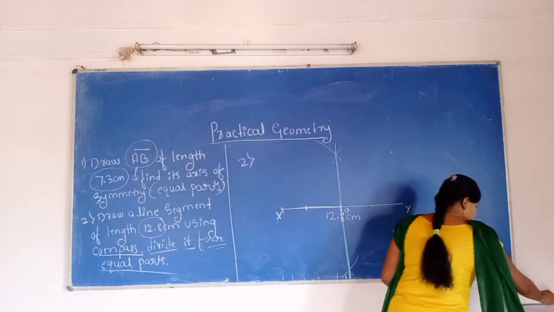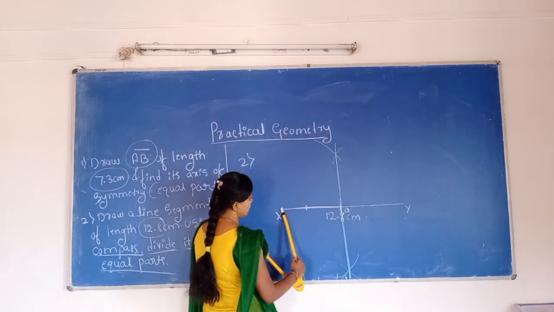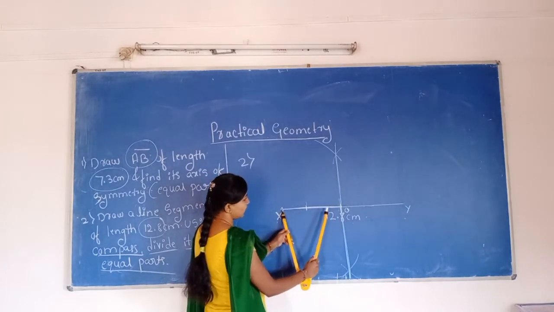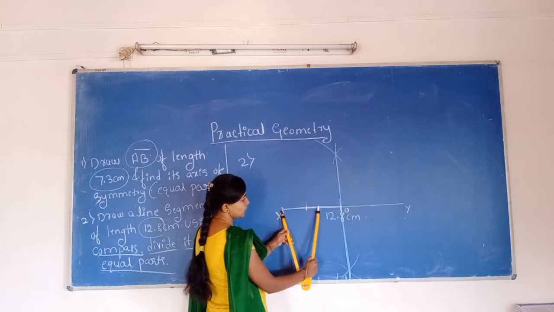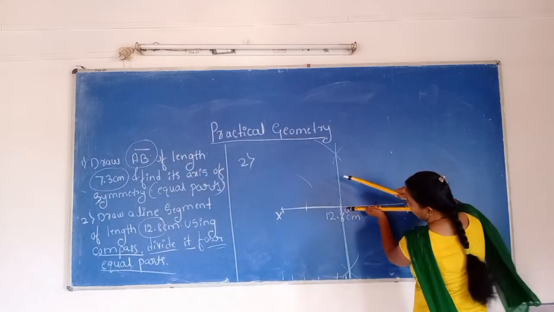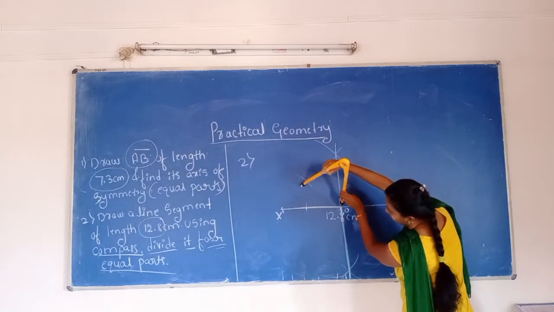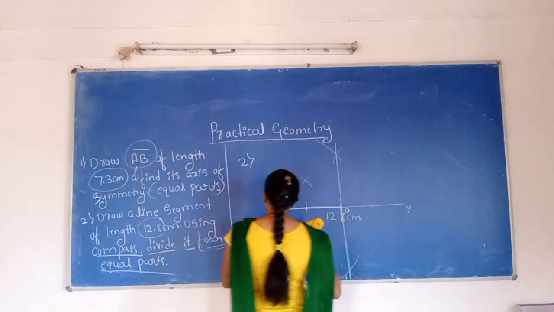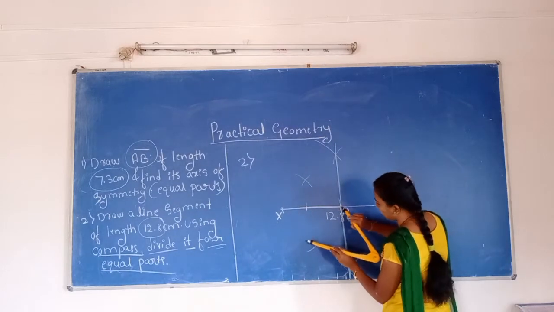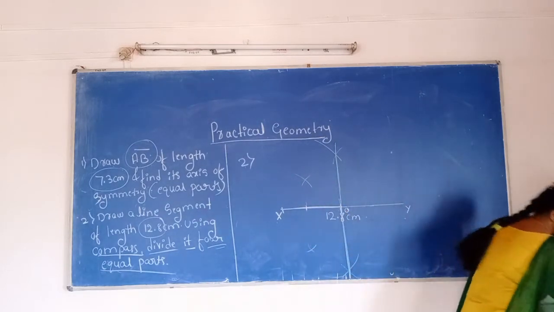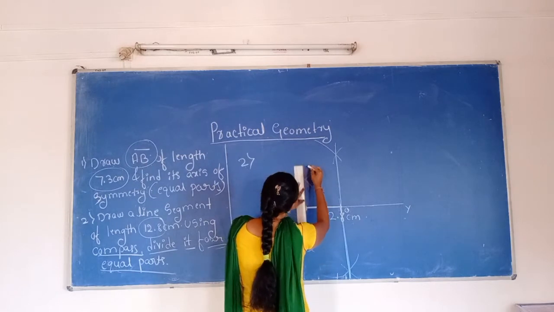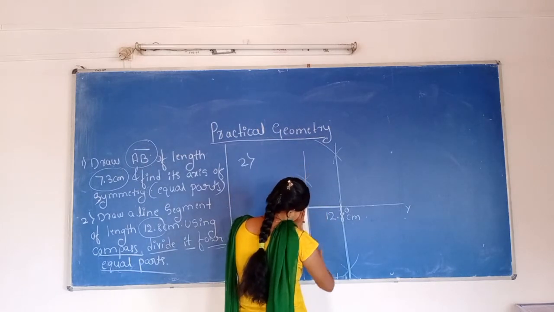Observe carefully, first mark the center point of this line. Next, take more than half of the line from X to O, and from the X side you have to cut here, and from the O side cut here. Next, from the lower side cut from X and again from the O side. Now using your scale you have to join it. The exact center line comes.